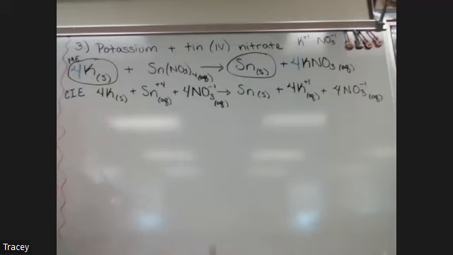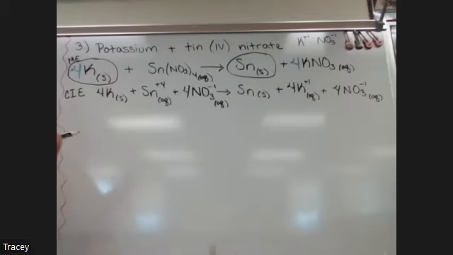I'll give you a hint. In metal single replacement, it's always the anion that is the spectator ion. The metals will never cancel out. If you cancel out a metal in a complete ionic equation, it's because you put charges where you shouldn't have.